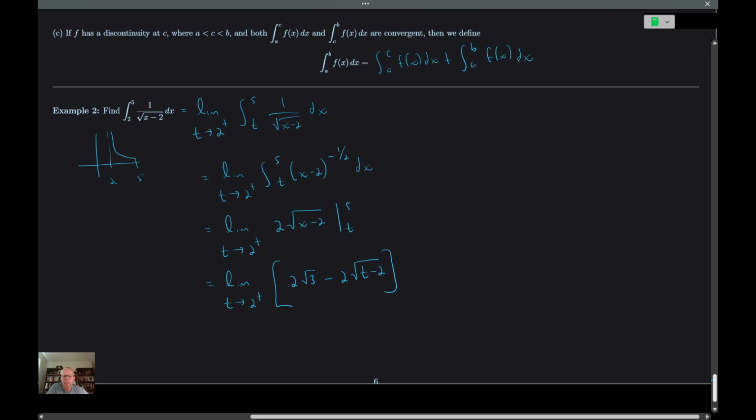When you plug in numbers that are getting closer and closer to 2, this is continuous until it gets to 2, so you could just plug in 2, and that just goes to 0. So this limit is just going to be 2 square root 3. And so to find this integral, that's our answer, but if it asks does it converge or diverge, then this one converges. All right, so if you have any questions about this, please let me know.